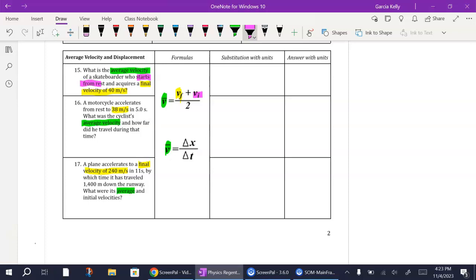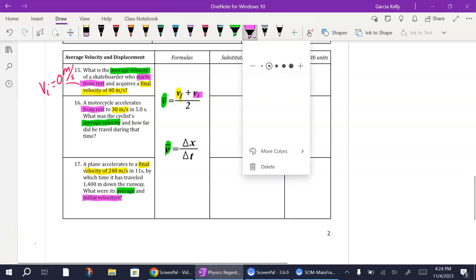Starts from rest means initial velocity is 0. Next, from rest. What were initial velocities? Okay, so I don't know what that one is yet.